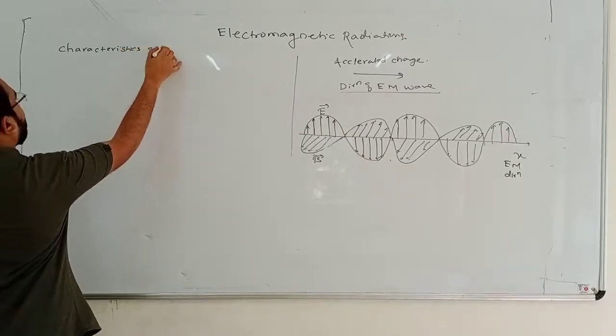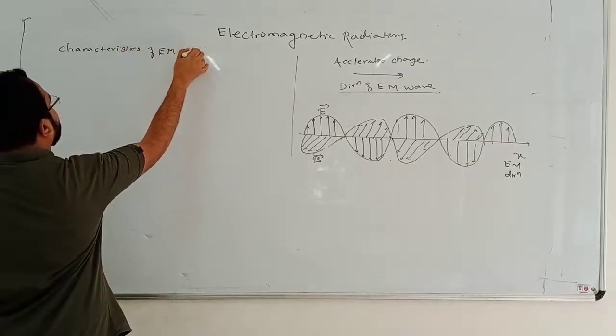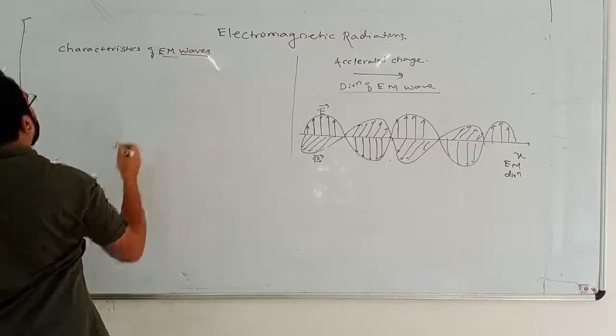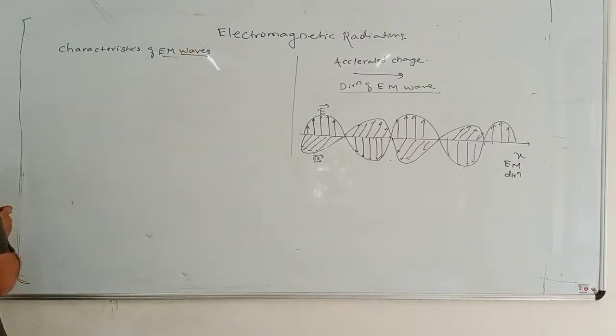Characteristics of electromagnetic waves. The full chapter is theory. You will have only one formula.